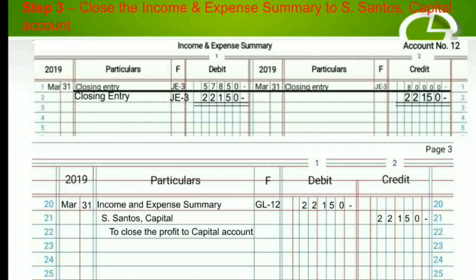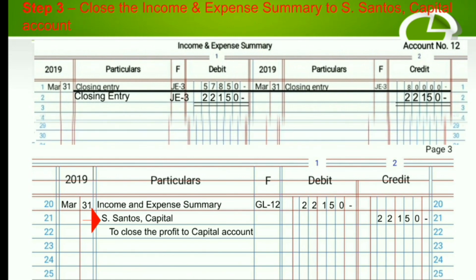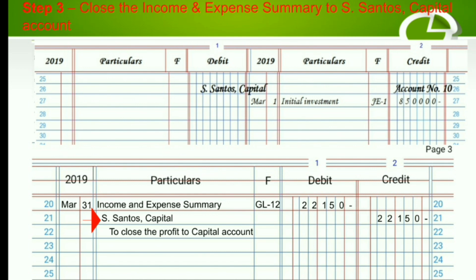Now for our credit entry, S. Santos Capital of 22,150. This will be posted to the S. Santos Capital account, which is account number 10. So here in the folio column of the general journal, we will write GL10, or general ledger 10, or account number 10 in the general ledger. And then here in the general ledger, we will be posting our credit entry as Santos Capital.